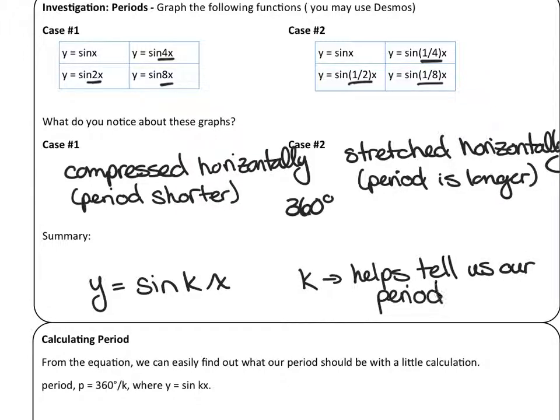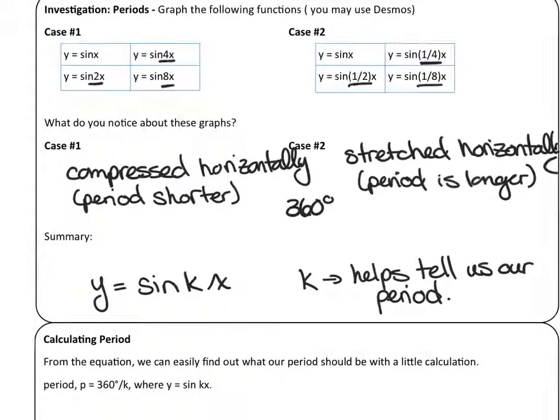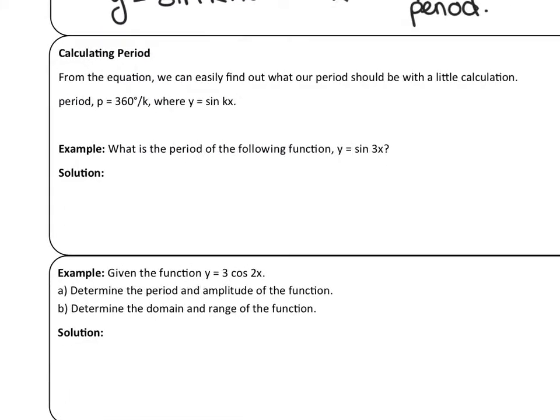Now, let's go down and I'll show you how to calculate it. So from the equation, we can easily find out what our period should be with one small little calculation. And it is this one. The period is 360 divided by k. So if we know what k is, we can figure out how long the period actually is.